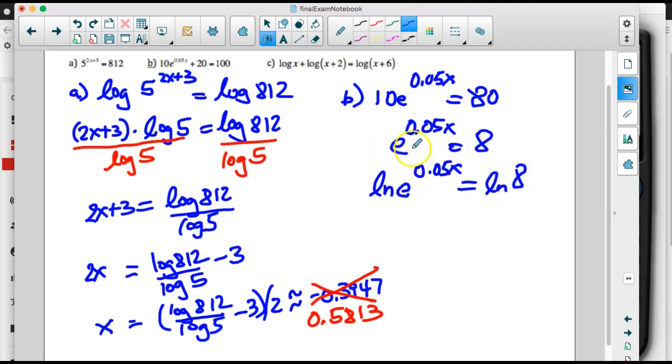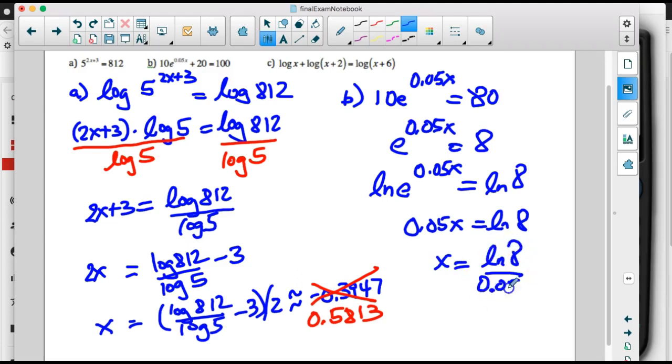So I took the natural log of both sides. This part, as I said in the previous problem, is just it basically undoes one another. So we get 0.05 x equals ln of 8. So we just have x equals ln of 8 divided by 0.05.